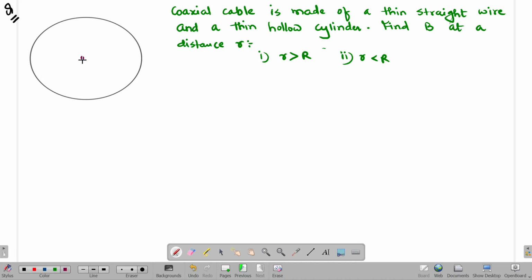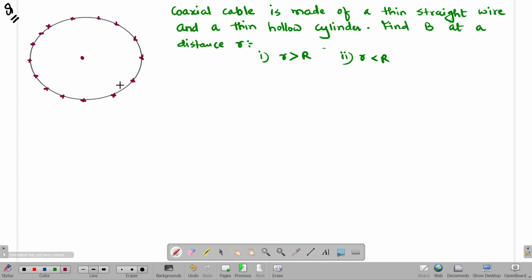And see, I'll show you the direction of current. Current is going in this. See, a coaxial cable is made up of thin straight wires. These are my thin straight wires and the thin hollow cylinder. Remember, this cross means thin straight wires.